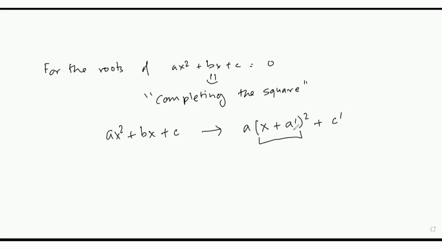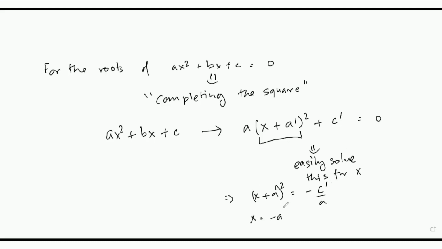Okay, so how does this help us? This helps us in a very simple way. If we now set this thing equal to 0, we can easily solve this for x. So how would you do that? You would just simply set (x plus a prime) whole squared is minus c prime over a, and then you would say that x equals minus a prime plus or minus root of minus c prime over a.